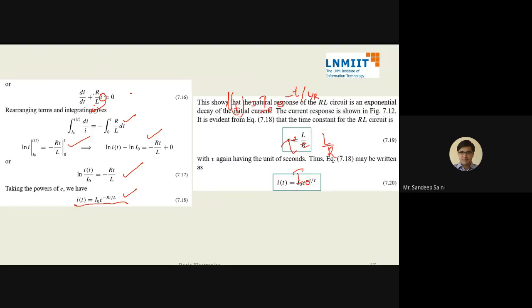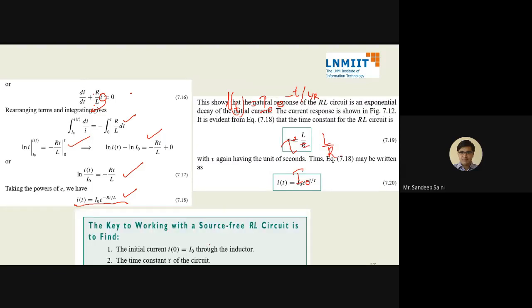So again, whenever I am going to deal with RL circuits, I will focus on two things: calculation of I naught and tau. I naught is the initial current and tau is L by R. Is this fine to everyone?